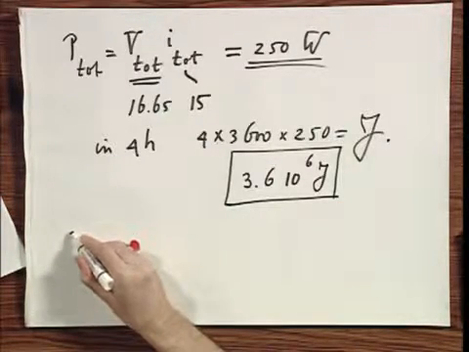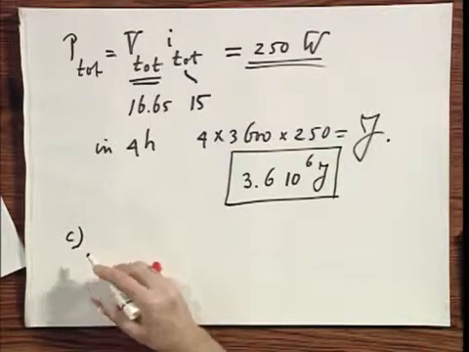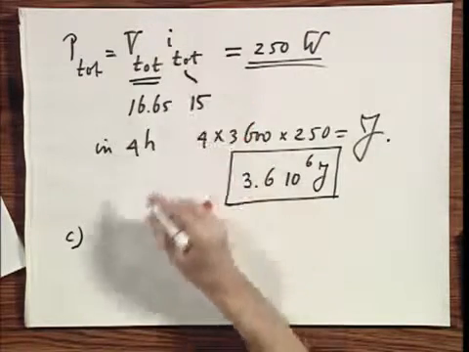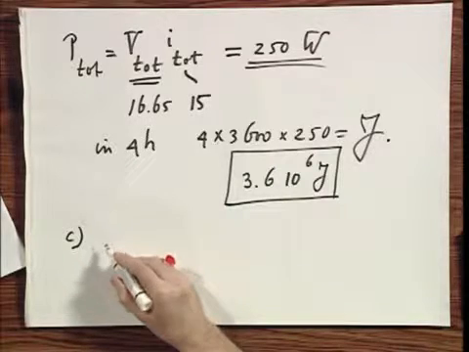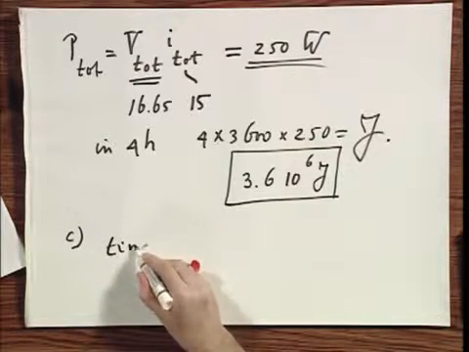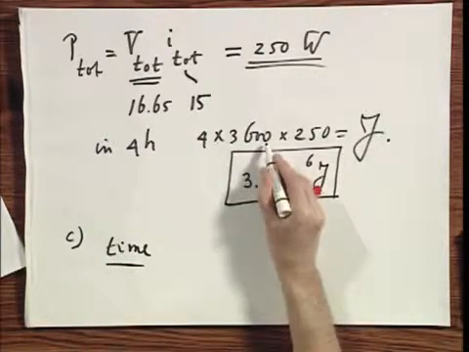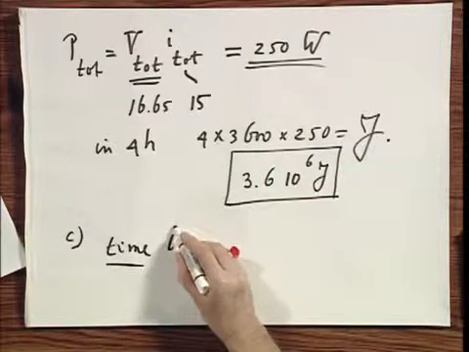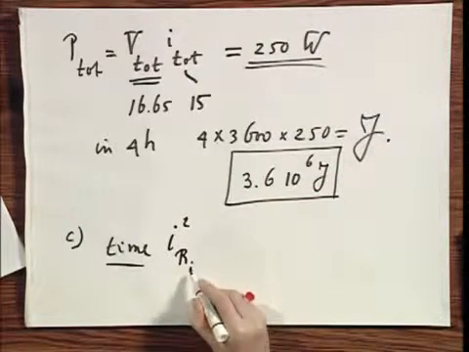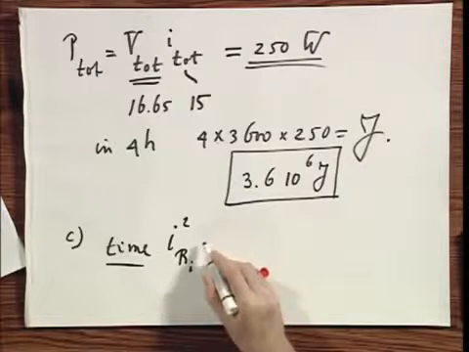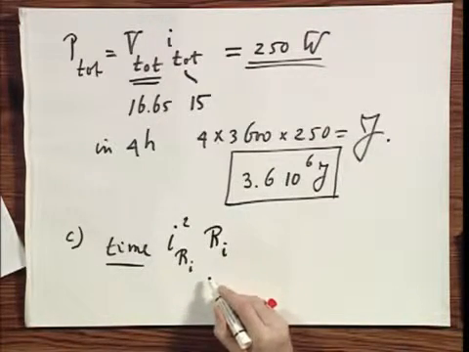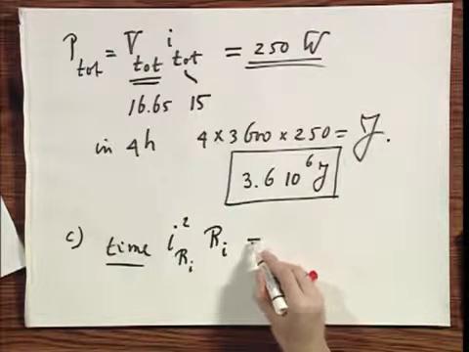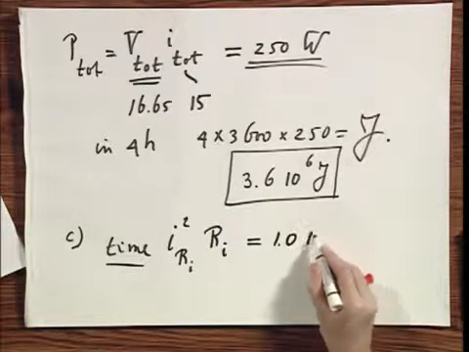But now comes an interesting question under C. As I am charging, how much energy is dissipated in that internal resistance in the battery? Well, that is of course the time, which is the same as 4 times 3600 seconds, times the current squared through that internal resistance, which is your 15 amperes, times the internal resistance itself, which you also know is 0.31 ohms. And you find now that this is a huge amount.